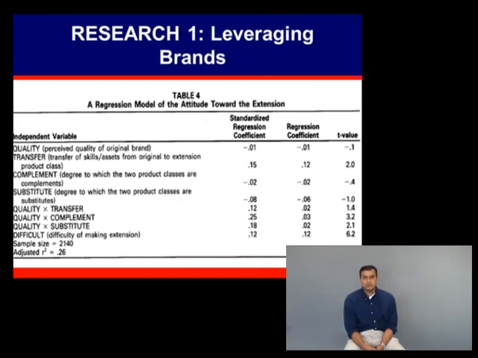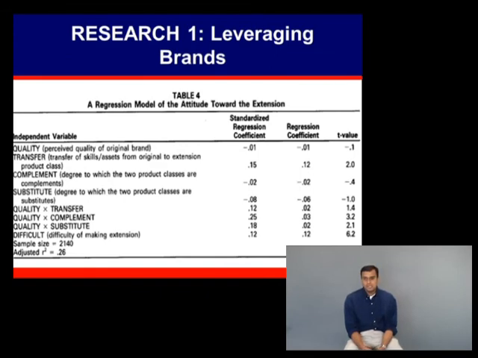What I urge you to look at is the t-value, and if the t-value is greater than 1.9, that means it's going to be significant, an important attribute to consider. In this case, they found the second attribute, transferability, is an important one. That is, consumers need to be able to perceive that you can transfer whatever you gain from your parent brand to the extension, which seems intuitive.